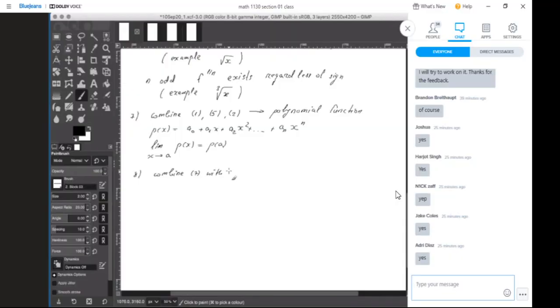Okay. So our function f of x will be a ratio of two polynomials, p of x divided by some q of x, and this is known as a rational function.